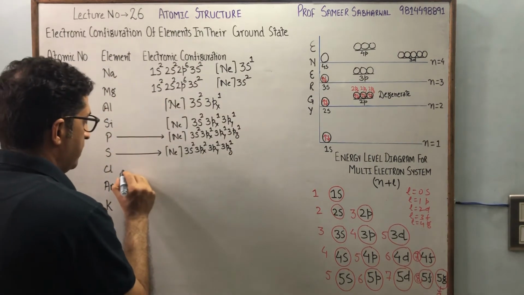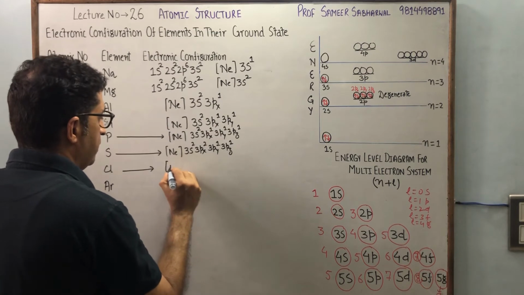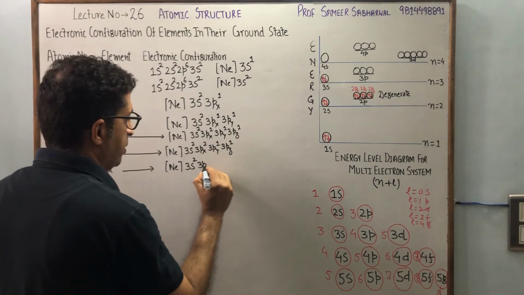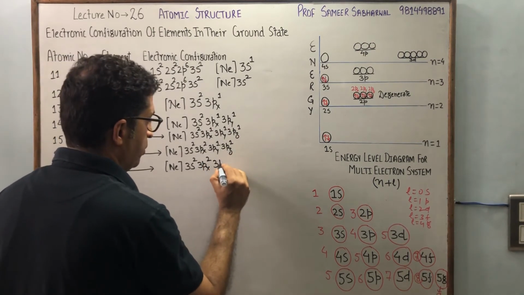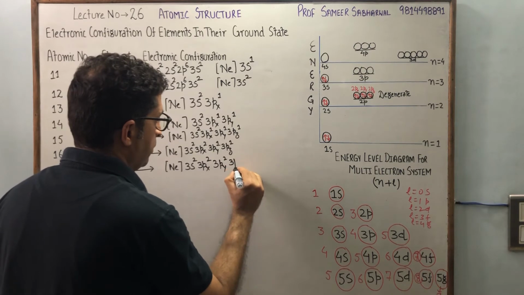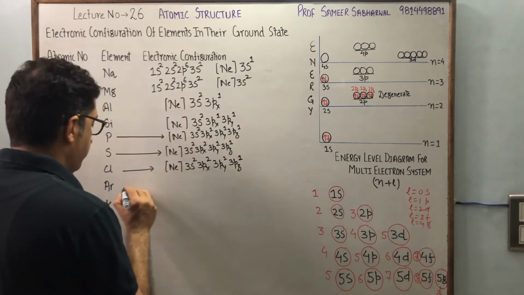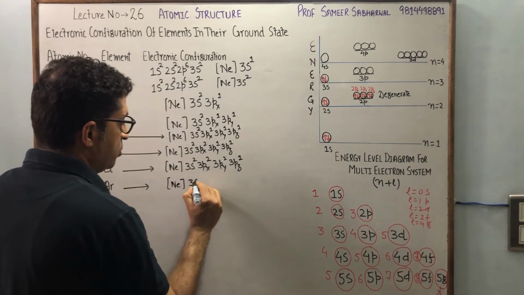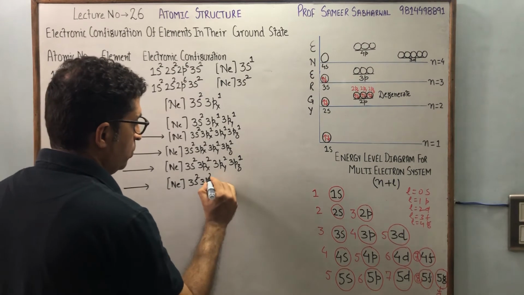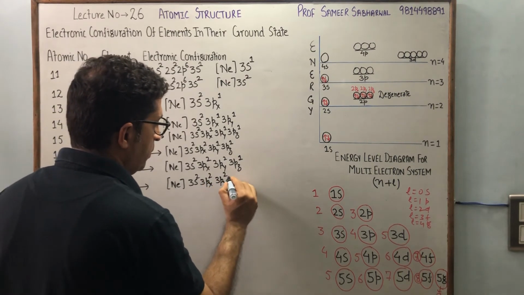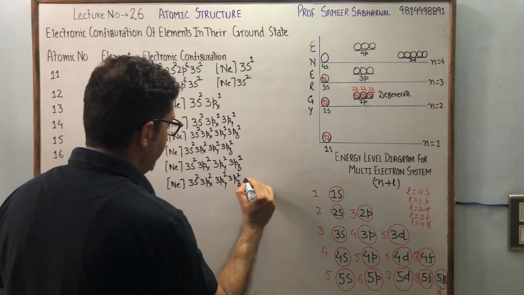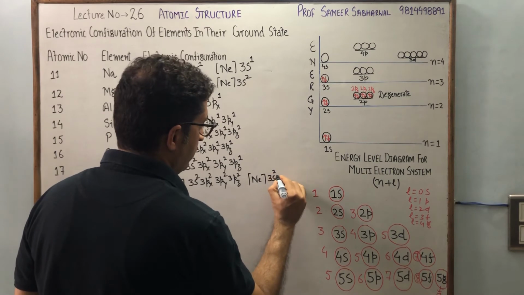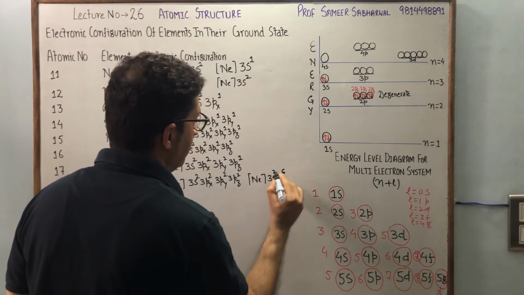Then chlorine: neon, 3s2, 3px2, 3py2, 3pz1, and for argon, which is definitely a noble gas configuration, 3s2, 3px2, 3py2, 3pz2, and easiest way is neon, 3s2, because subshell is completely filled.